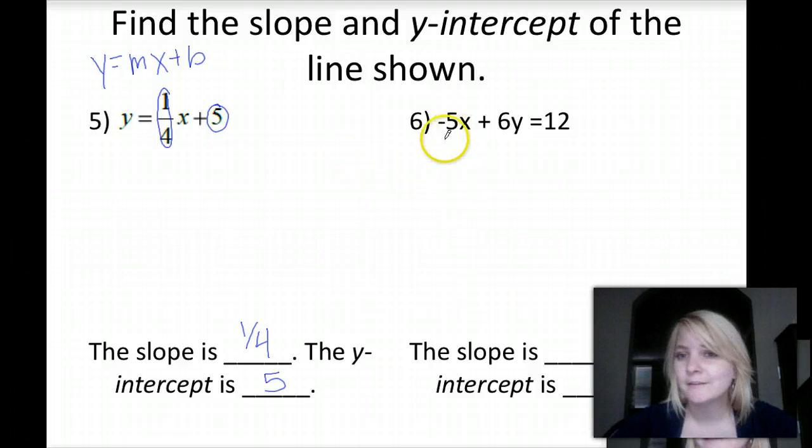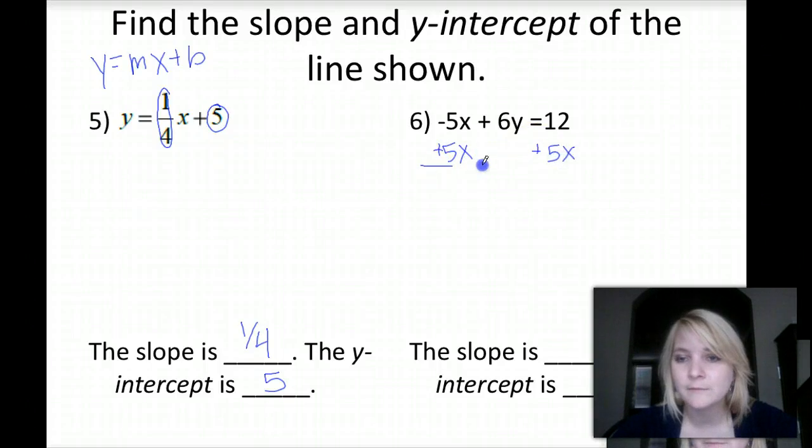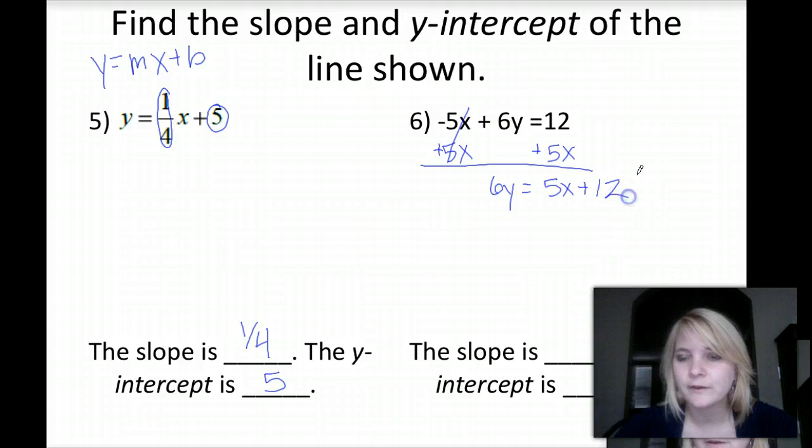Now 6 is not in slope-intercept form, so we're going to write it in the form y equals mx plus b. So first I need to move the negative 5x over. So to add that I'll add it to both sides to cancel out. So I get 6y equals 5x plus 12. And then to isolate the y, I'm going to divide by 6 on both sides.